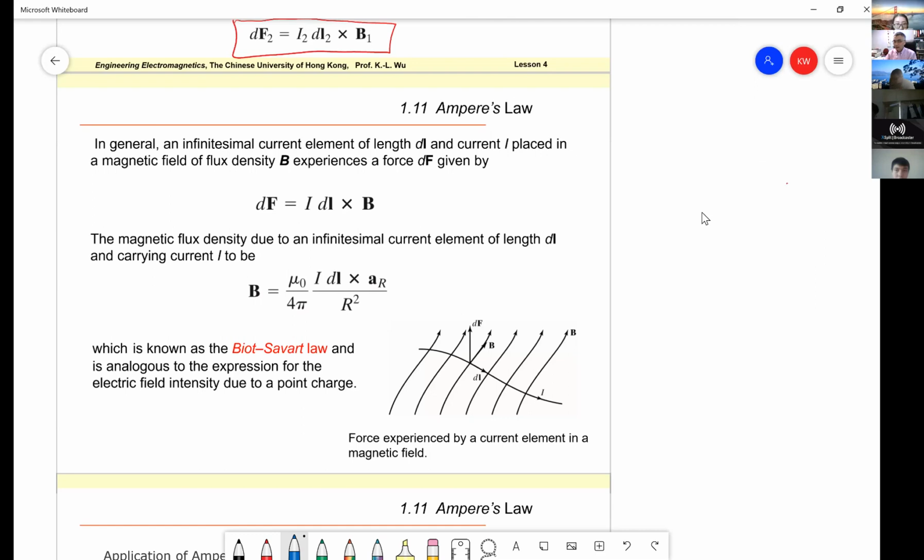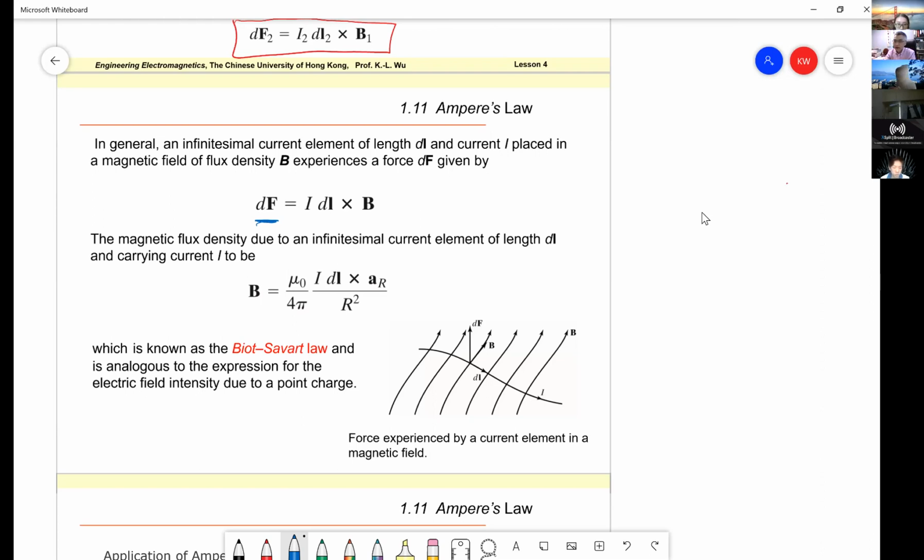Let's take another look at this Ampere's law before we explain how we make use of it. We know a force is applied to a conducting current wire.